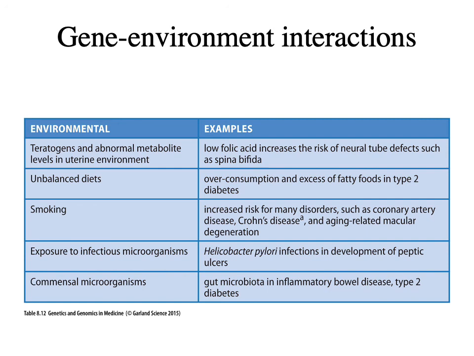They can include things such as teratogens and abnormal metabolite levels in the uterine environment, which can lead to neural tube defects such as spina bifida, and unbalanced diets such as the overconsumption of excess fatty foods seen in type 2 diabetes, and smoking, which leads to increased risk for many disorders such as coronary artery disease, age-related macular degeneration, and Crohn's disease.